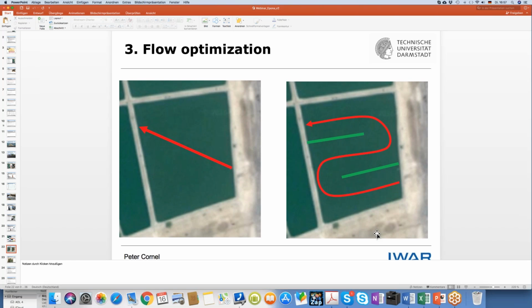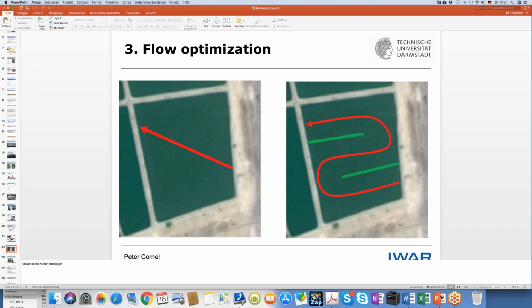I mean, there's a second, or in this case, a third step we are doing, which is to optimize the flow. Right now the raw wastewater enters here and goes out here. So we want to increase the way the wastewater has to go and put some walls in here.